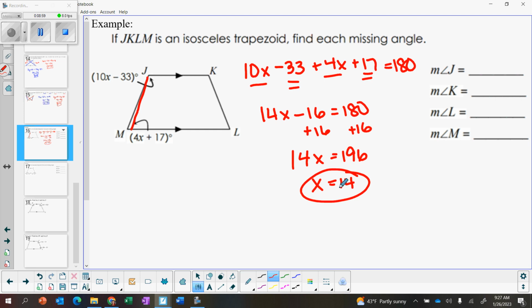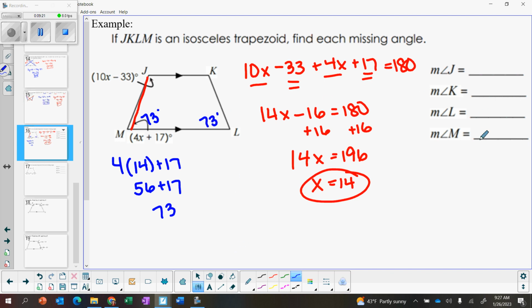So if I know x is 14, I could substitute it back in. So I'm going to do 4 times 14 plus 17. So 4 times 14 is 56, plus 17 is 73. So this angle is 73, and this angle is 73.